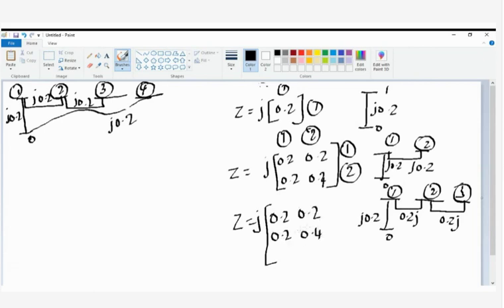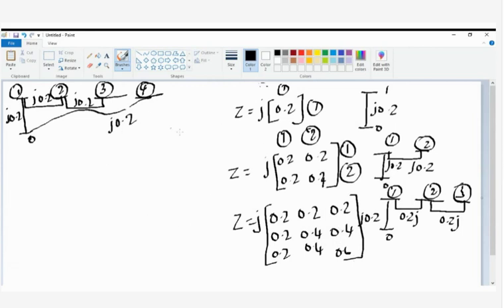So we are connecting it to node number 2. We are going to repeat this column, 0.2, 0.4, and repeat this row, 0.2, 0.4. And we are going to add the new value, 0.2, to this diagonal element. So 0.4 plus 0.2 is 0.6.